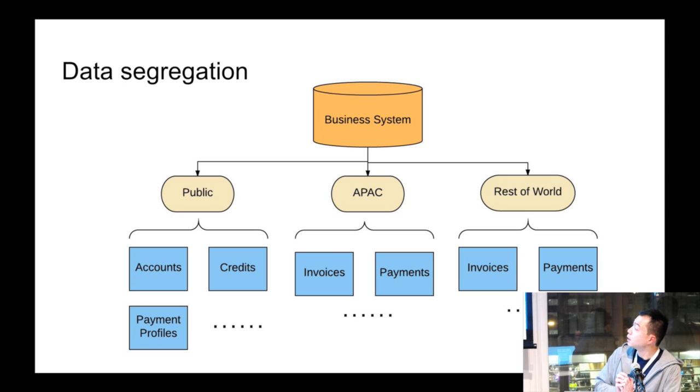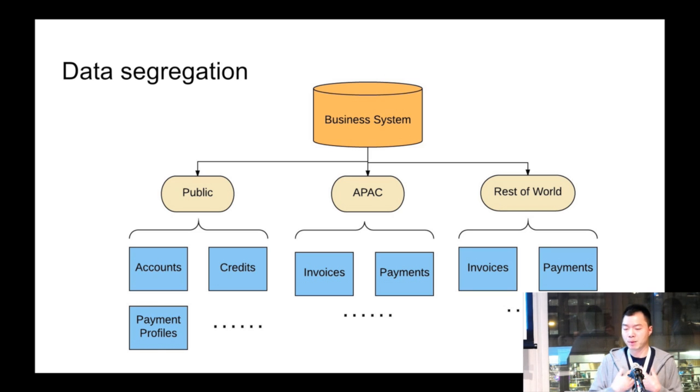So this is how we did it. On top of the public schema, right now we have two other schemas: APAC for Asia Pacific, and the rest of the world, and all the sensitive data goes into individual schemas.